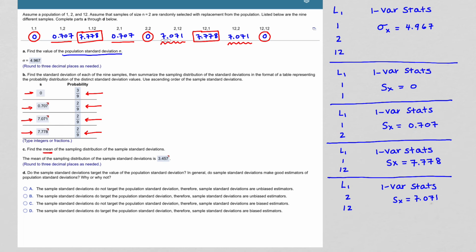So we're going to enter into L1 our standard deviations, into L2 we'll put the probabilities. And I'm going to type this just as a fraction, 3 divided by 9, and the calculator will turn it into a decimal.